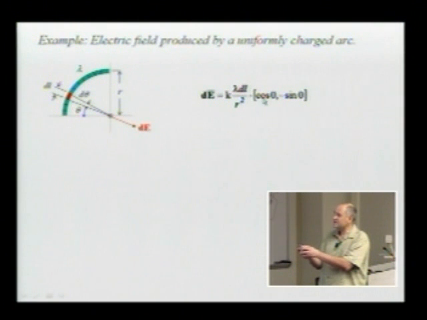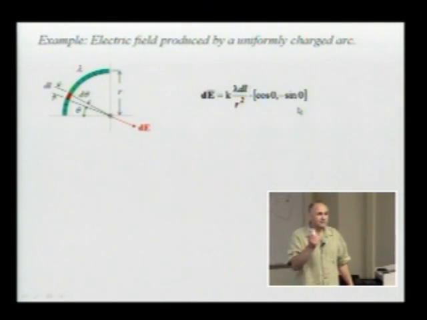Consult with your neighbor that indeed this is the unit vector in that direction, from the particle toward the point of interest. Talk to each other for a moment. I want everybody to see that this is indeed that unit vector.